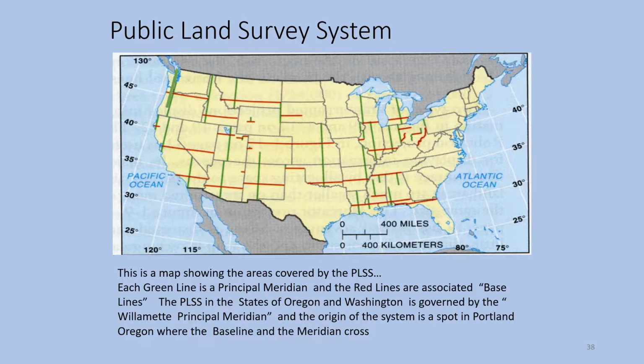Each green line is a principal meridian, and the red lines are the associated baselines. The Public Land Survey System in the states of Oregon and Washington is governed by the Willamette Principal Meridian, and the origin of the system is a spot in Portland, Oregon, where the baseline and the meridian cross.